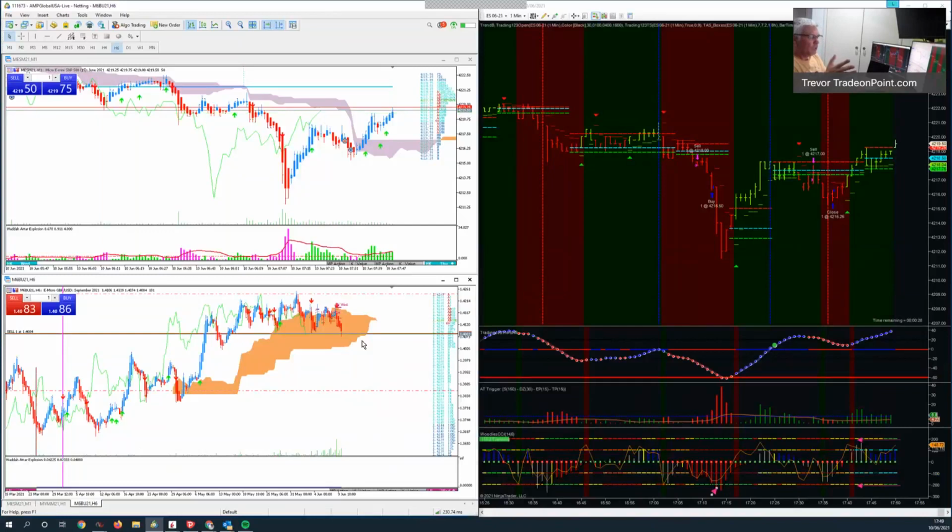We can see that we had the TAS box breakout on the ES 1 minute chart, the S&P futures 1 minute chart. We've got another TAS box. It's breaking out of that TAS box.